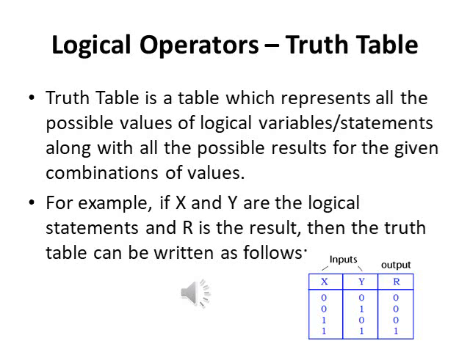Or in other words, not of false is true and not of true is false. The truth table for that has only one input, which is X, having two possible values, 0 and 1, and the output is denoted using X bar, given by the values 1 and 0 respectively.